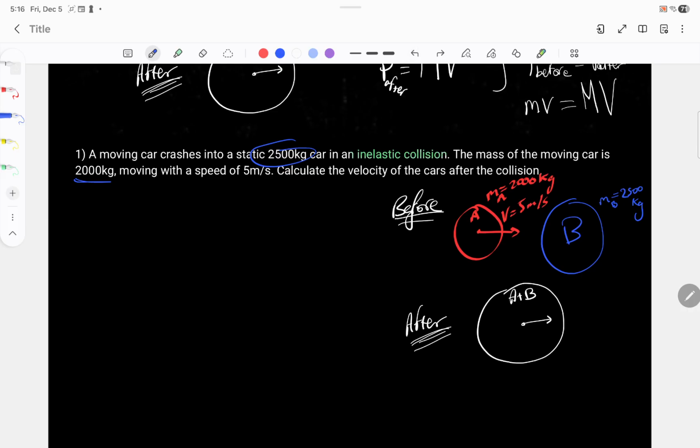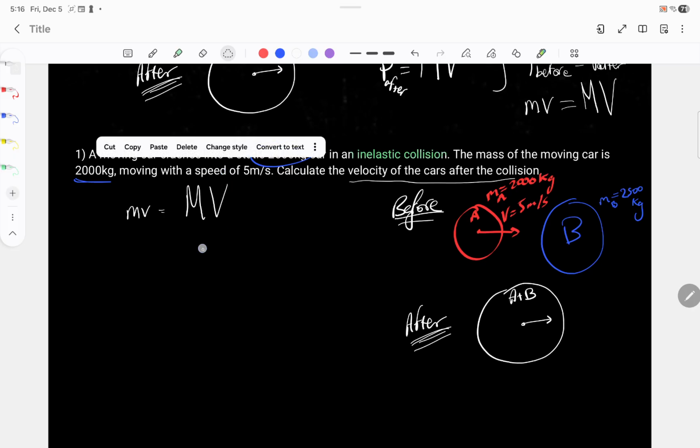So what do we do? First, we put in the formula just as we remember it. So we know that mv equals MV. And we need to think, what do we want? We want the velocity of the cars after the collision. Excellent. So we want this V, because this V is the velocity after the collision.